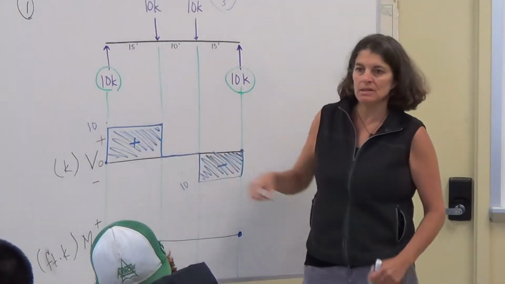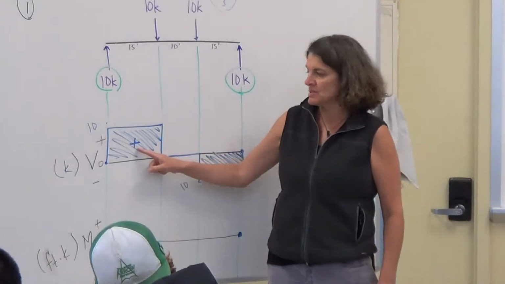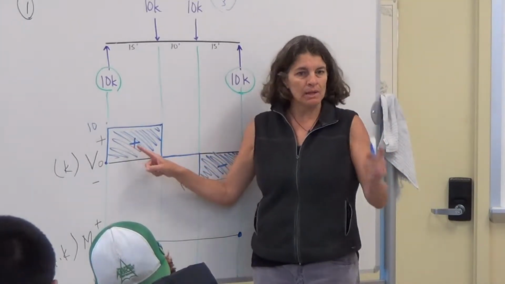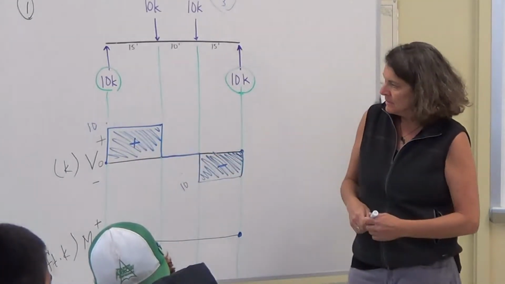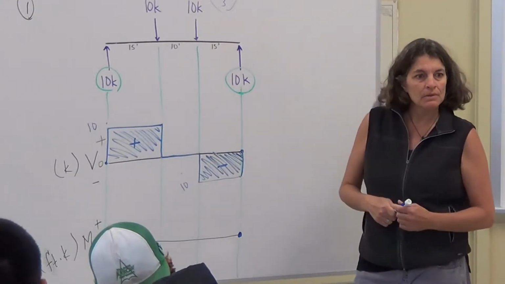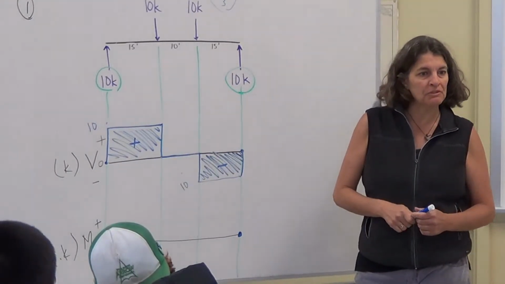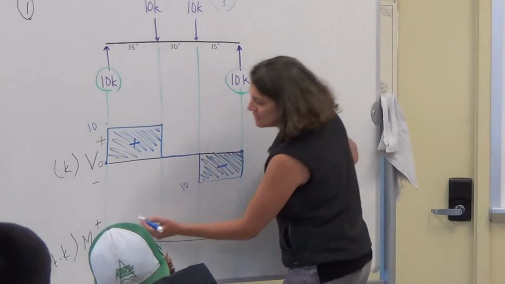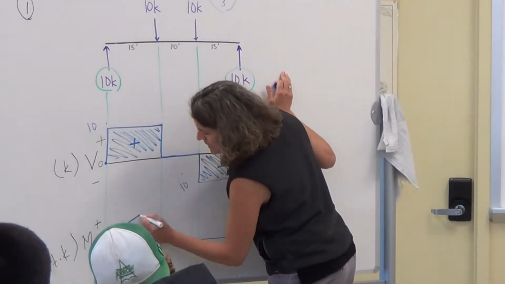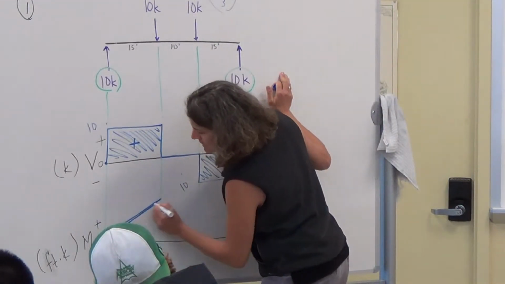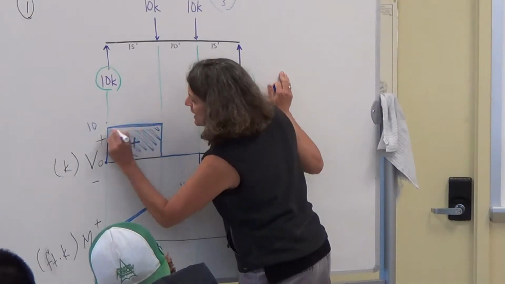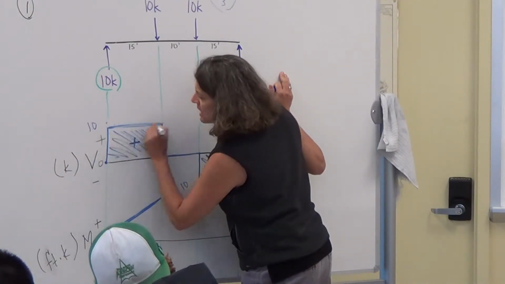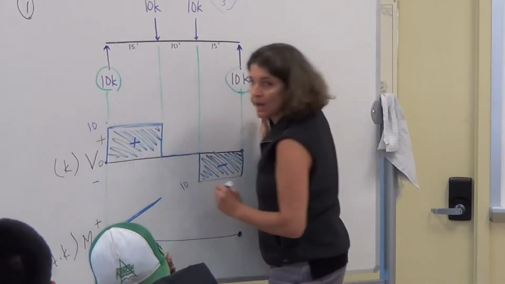So this is positive. What's the area of this? Let's go to Kyle. What's the area of that? 10 times 15, it's what? 150. And because it's positive, we're going to go up. And why is it a straight line? Because the integration of a horizontal line gives you a sloped line, right?